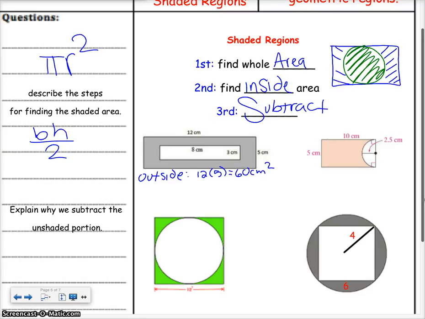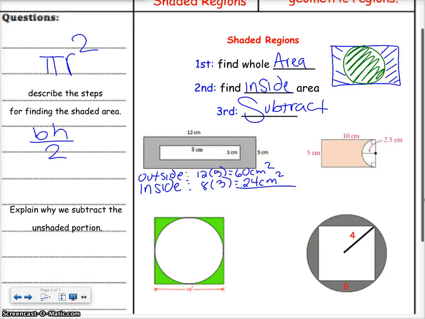But that's everything, and I don't want everything. I want to take away this little shape that's floating in the center. So I'm going to take away the inside shape. My inside shape is that rectangle, and it's 8 times 3, which is 24 square centimeters.